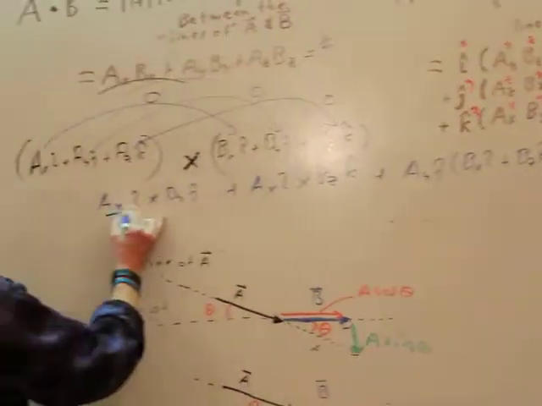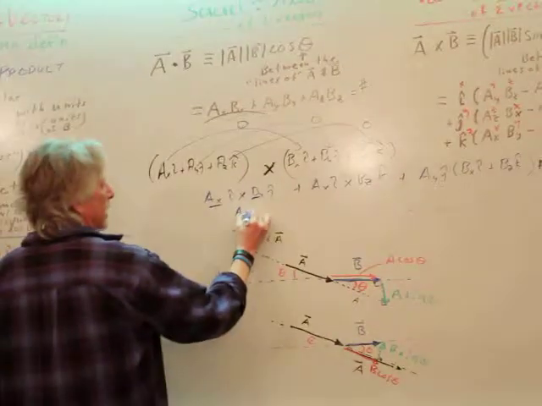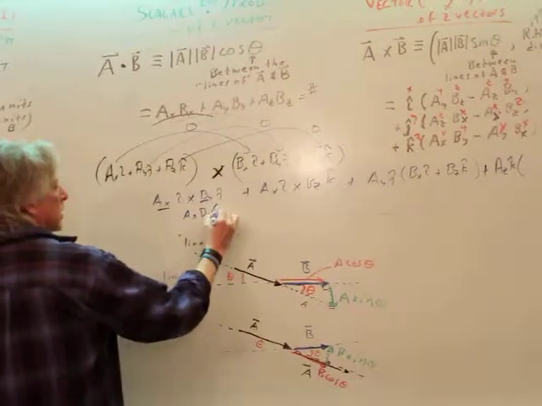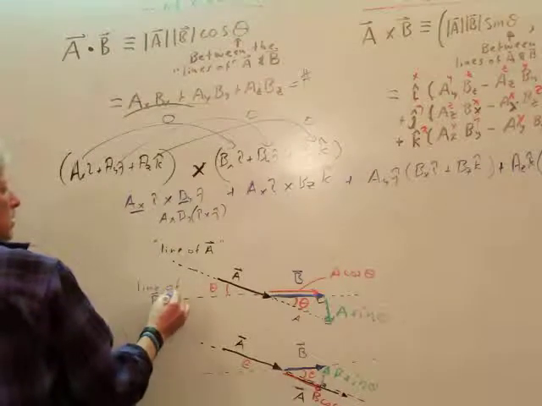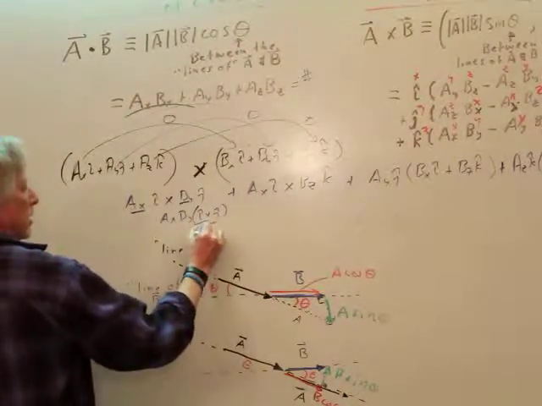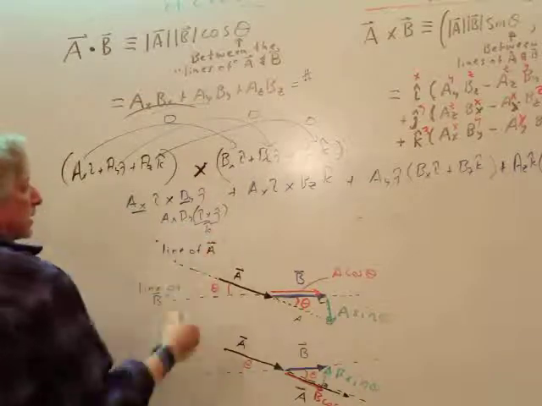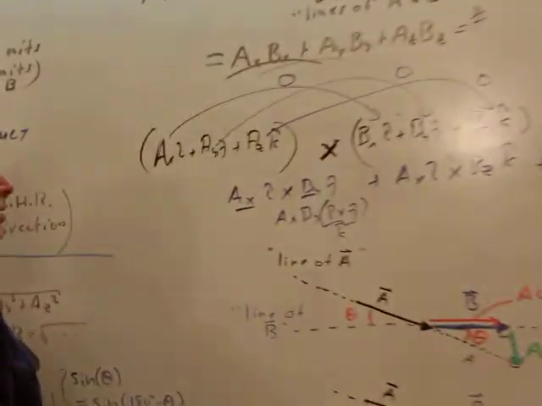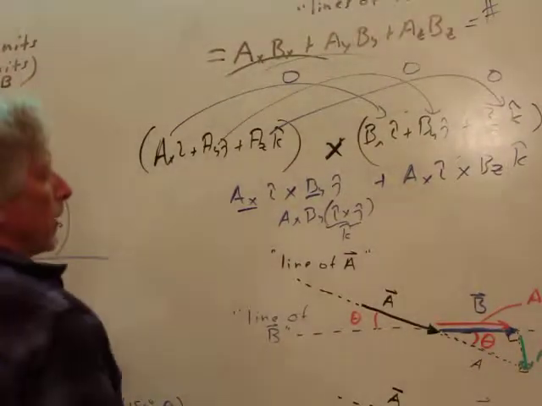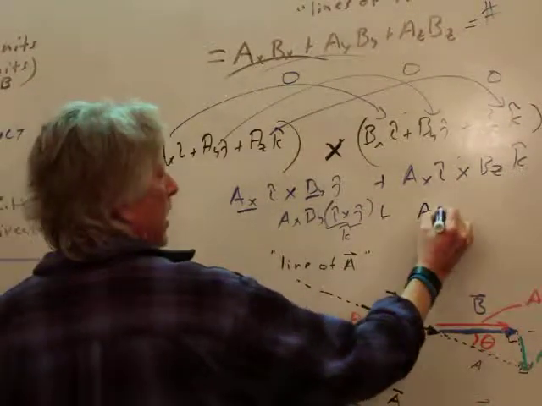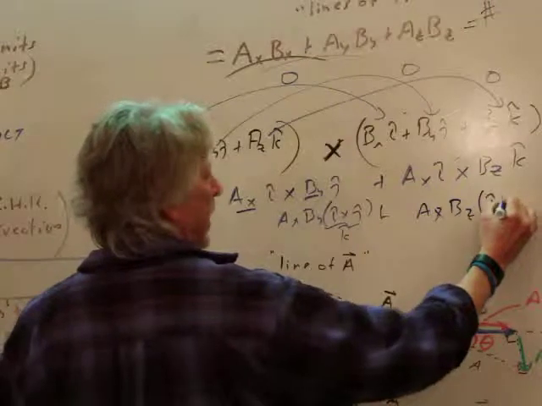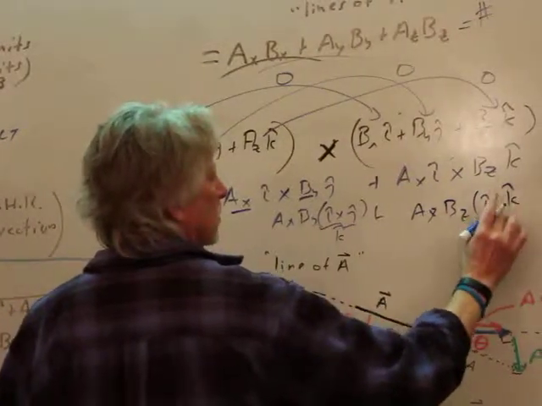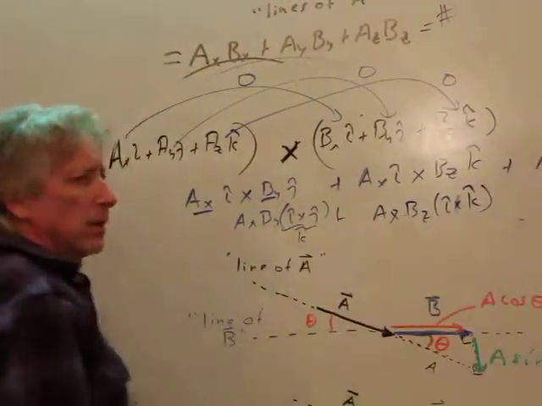And again, these are just amounts. So that's AX BY times I hat cross J hat, and so that's K hat, X, Y, Z. This is AX BZ I hat cross K hat.